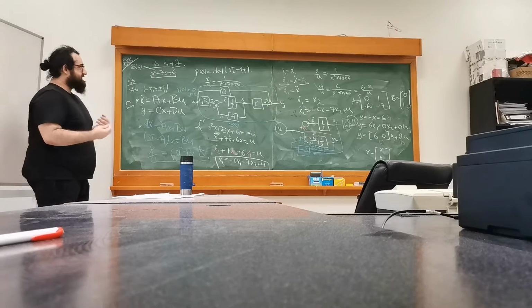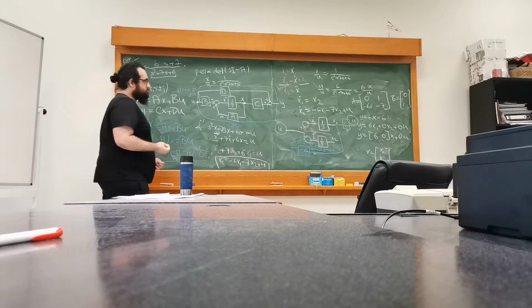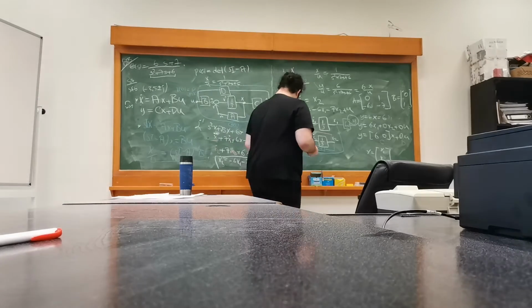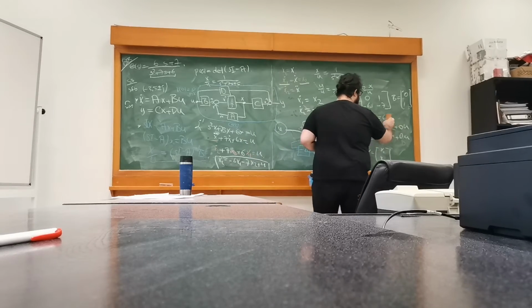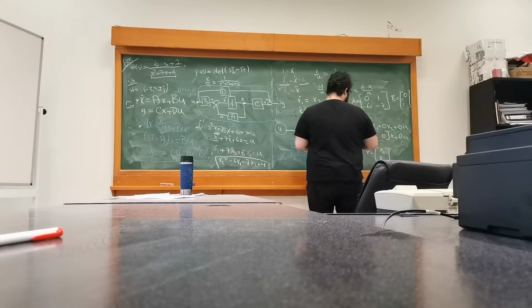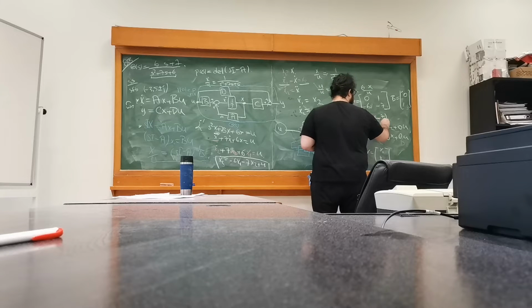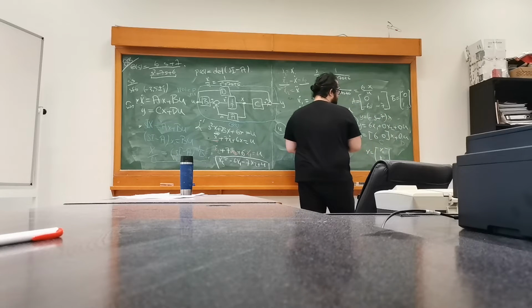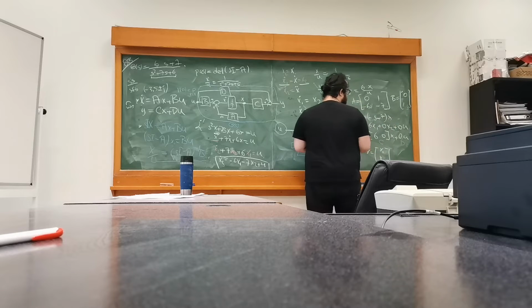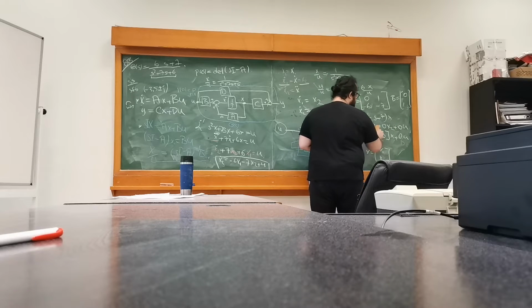Now, in case of something like this, if it's 6s plus 7, the only thing that will change is basically this part here. The relation would be 6s plus 7 times x, which will then give me 6 times x derivative. So let me write it down like this.